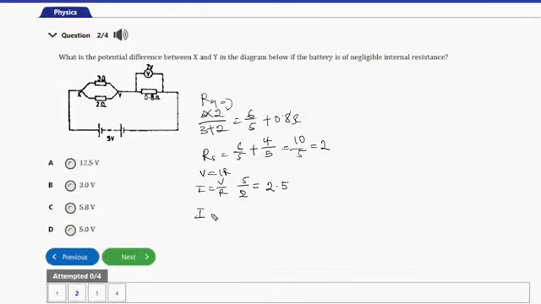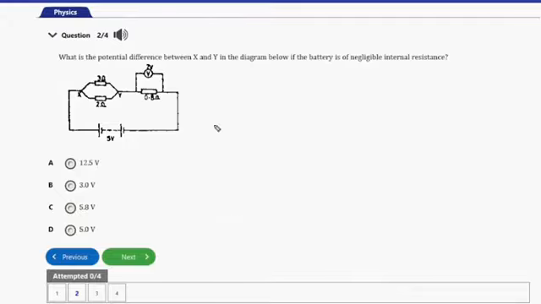So I is 2.5. Now that we've gotten the current across the system, we can go ahead and look for the potential difference across X and Y.